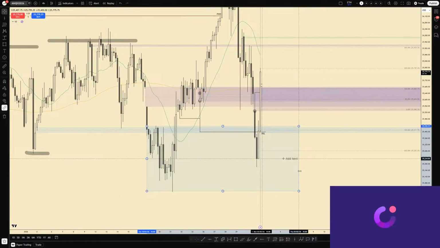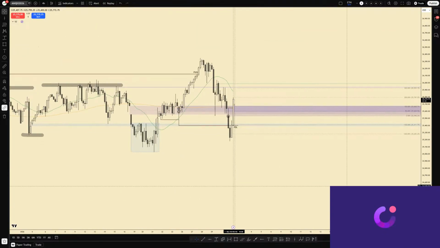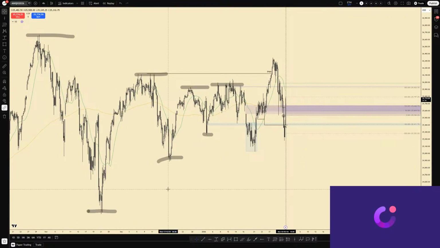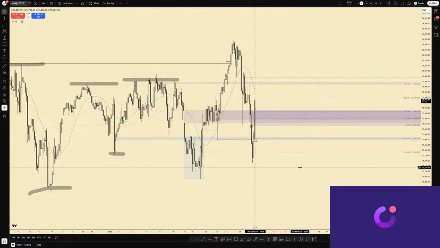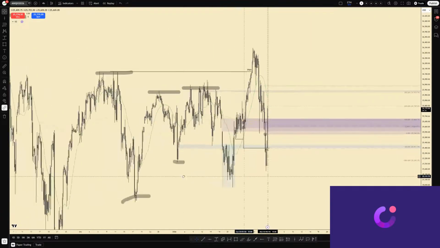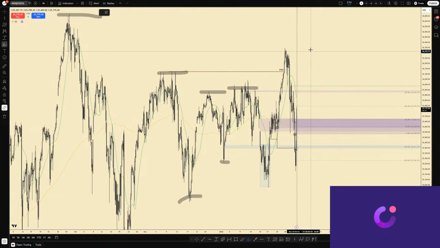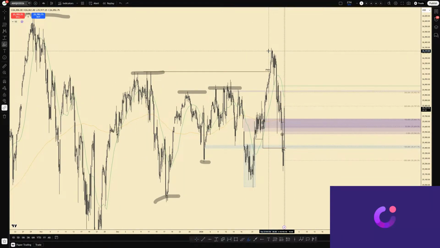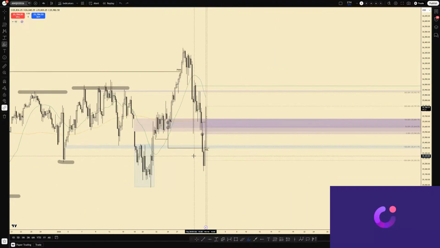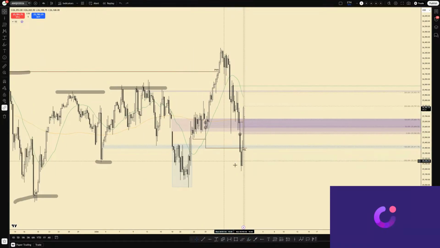Also, price is range bound, and price came to range highs, swept some of them, and then came back lower. Now price swept a range low and went back inside the range.